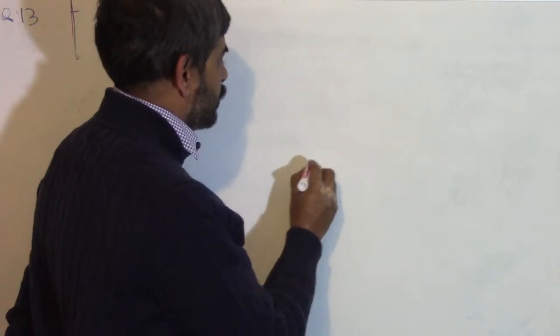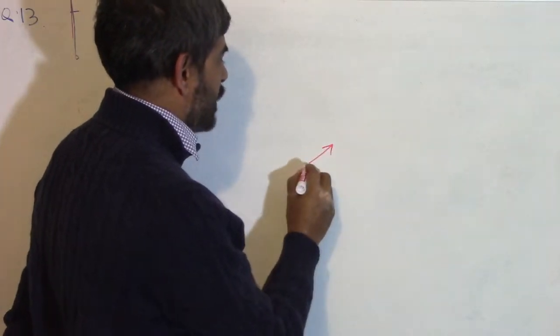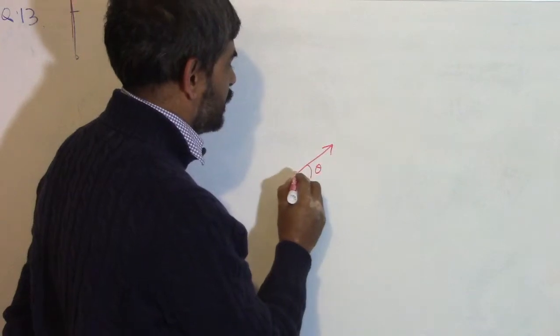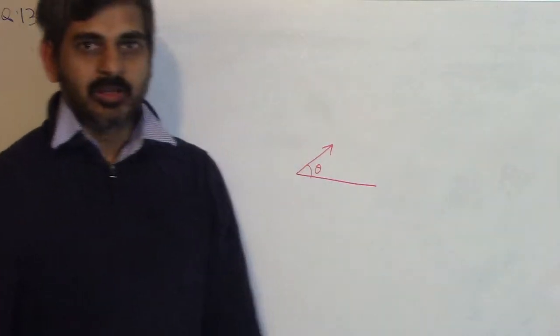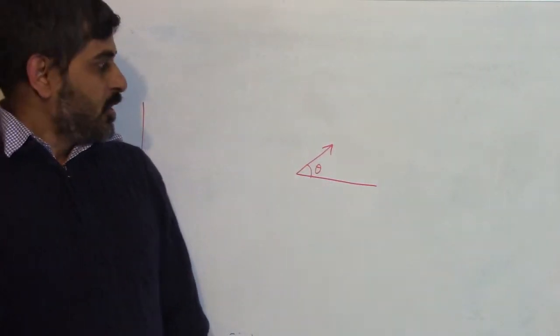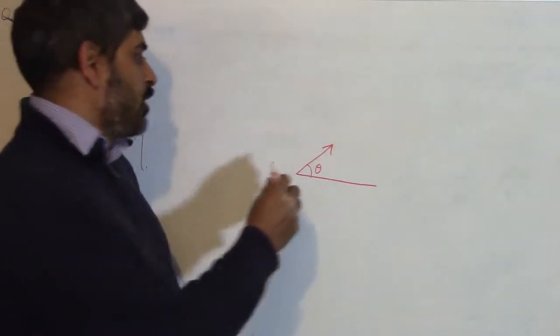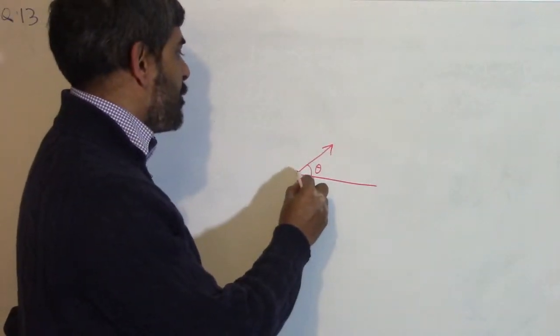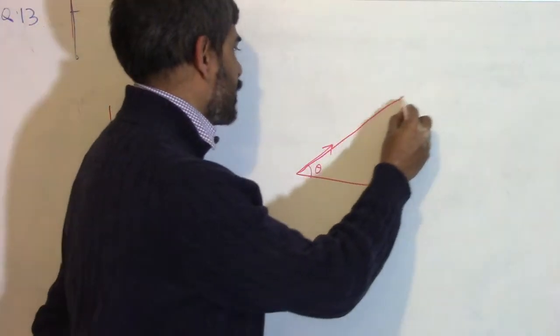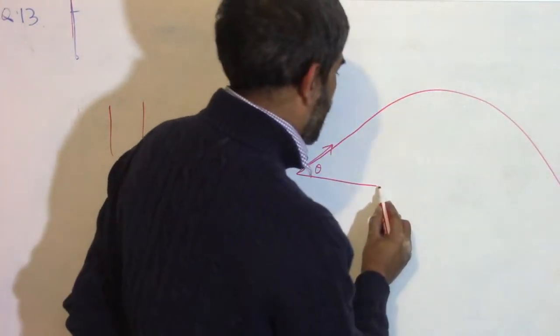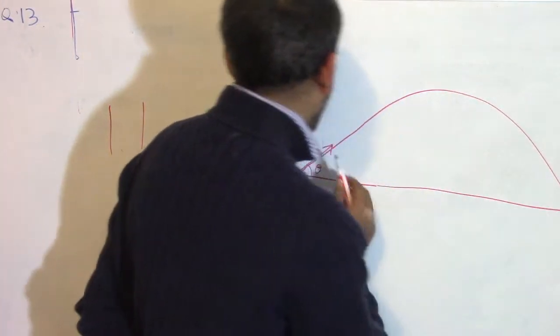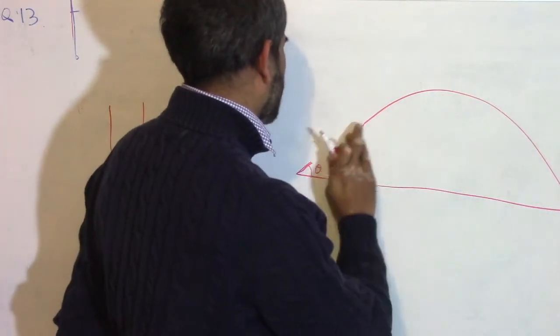If you are throwing a ball like this at an angle making theta with the horizontal, this ball or this point will follow a path something like this, and this is called the projectile motion.